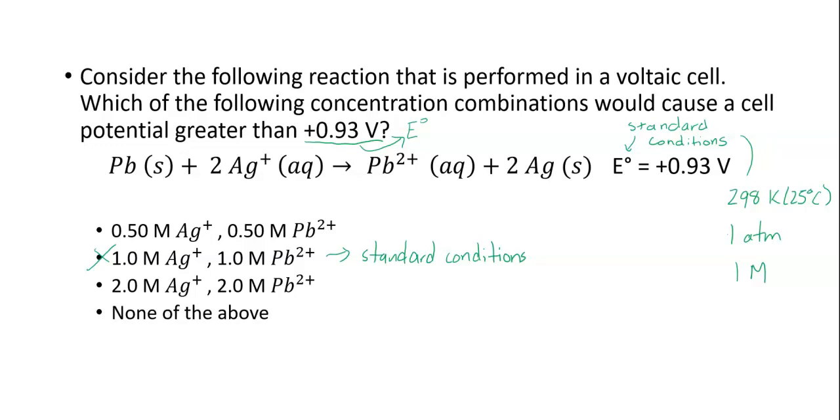It will not deviate from that. So if you want to calculate the cell potential under non-standard conditions, you're going to use the Nernst equation, which says this: cell potential equals the standard cell potential minus RT over NF times the natural log of Q.